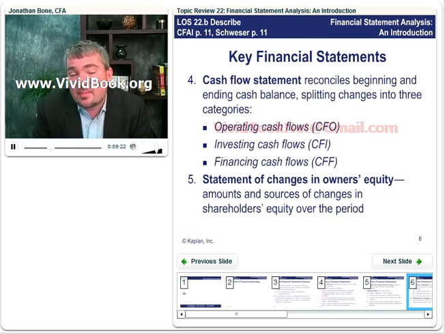So it's going to pick up essentially on any new issues of shares. It's going to pick up on buybacks of shares. It's going to have the net income coming in from the income statement. It's going to have any dividends paid out. And then it's going to have what we call other comprehensive income items. And we're going to talk about those a little bit later. These are essentially unrealized gains and losses that have been taken directly to our stockholders' equity.